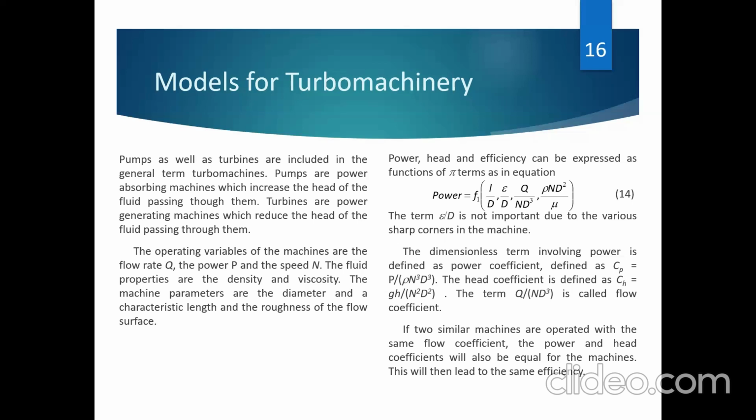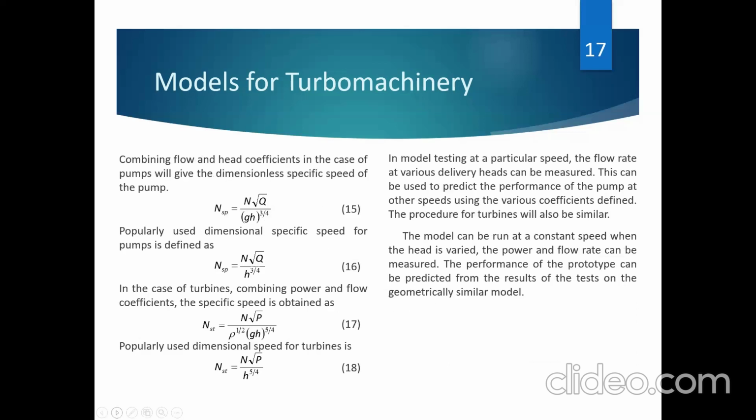If two similar machines are operated with the same flow coefficient, the power and head coefficients will also be equal for the machines. This will then lead to the same efficiency. Combining the flow and head coefficients in the case of a pump will give the dimensionless specific speed of the pump. N_sp is equal to N times the square root of Q over gH to the exponent 3/4.